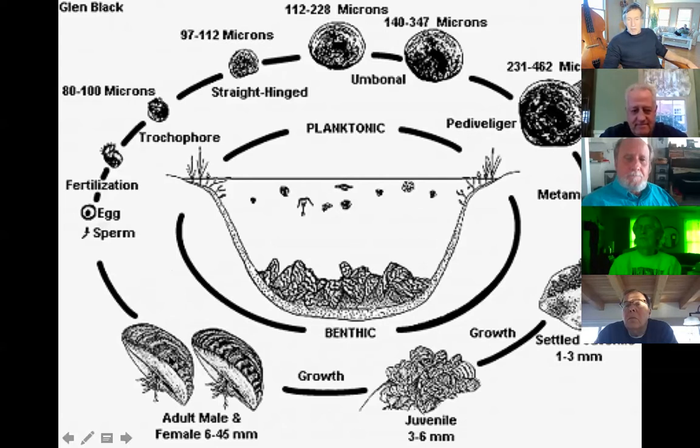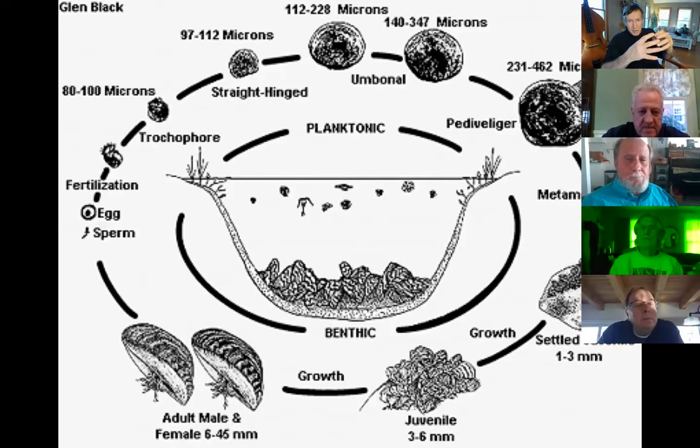But in our case, with clam, scallop, mussel, oyster, they all extrude their gametes into the water column, and a lot of them, because let's face it, what's the chance of them even meeting in the water column and fertilizing?